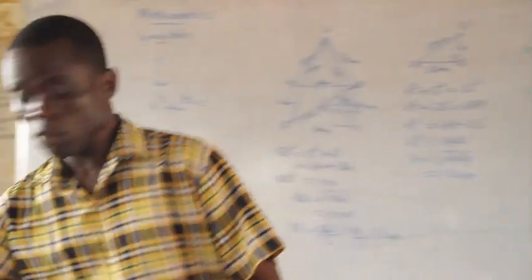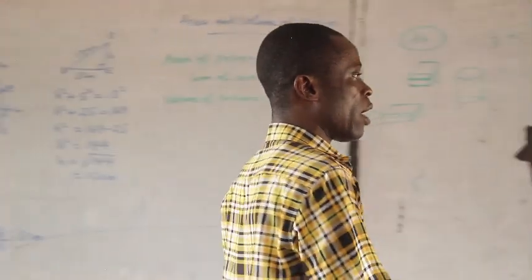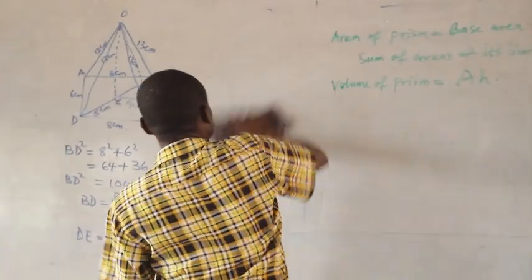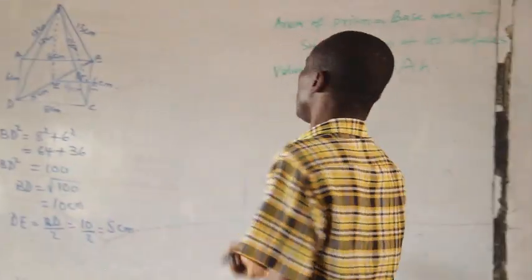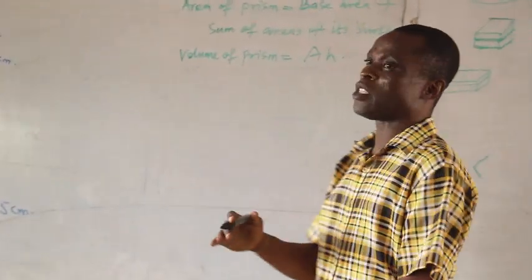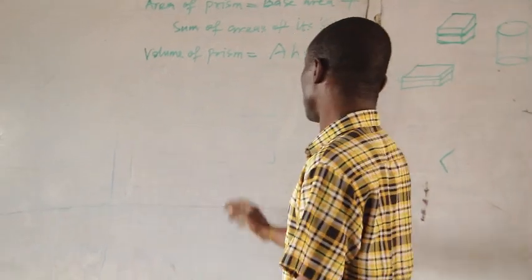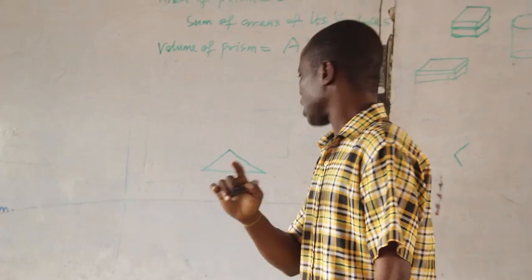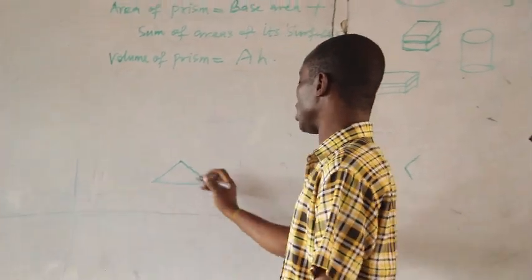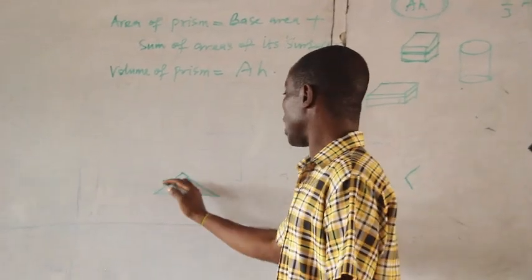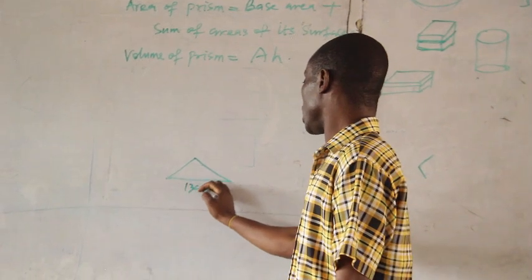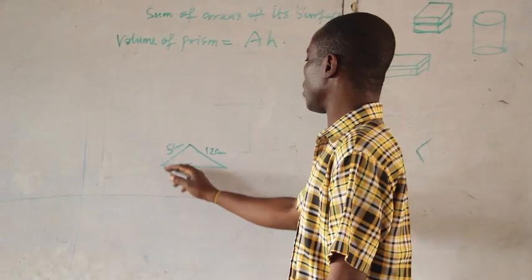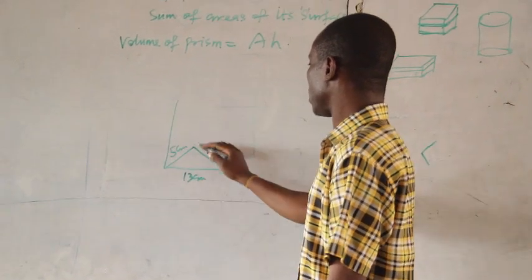Now let us quickly solve this question. I can sketch the diagram of this shape. It's a solid shape. According to the question, the prism stands on a triangular base. Please, can someone give me the lengths of this triangle? 13, 12, and 5 centimeters.